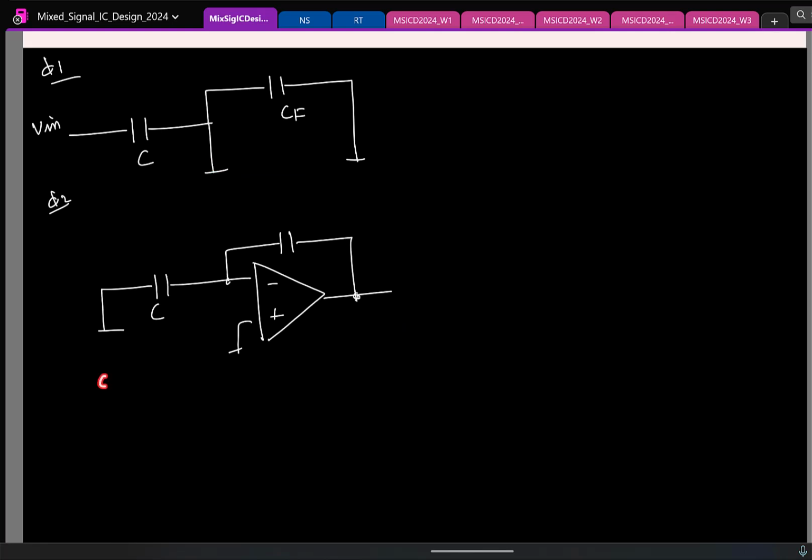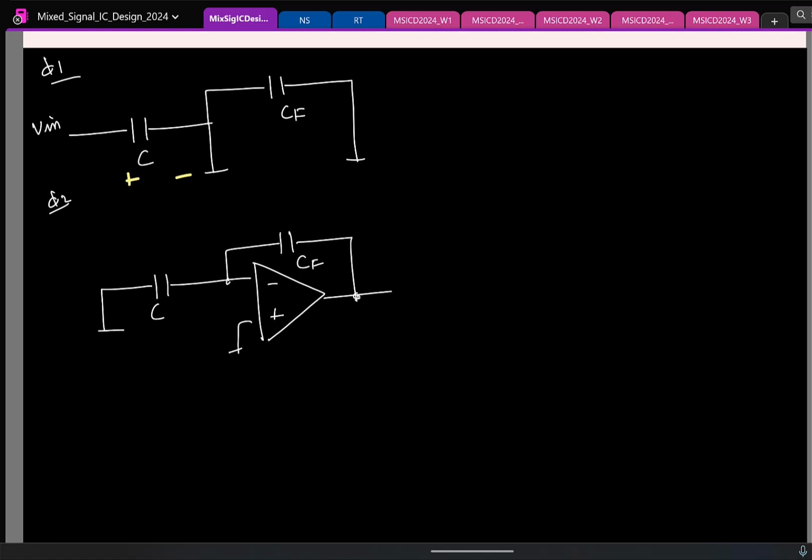Again, you try to apply KCL here. Which of the 2 capacitors has some initial voltage? C. In the previous clock phase, C was charged to Vin in this polarity.